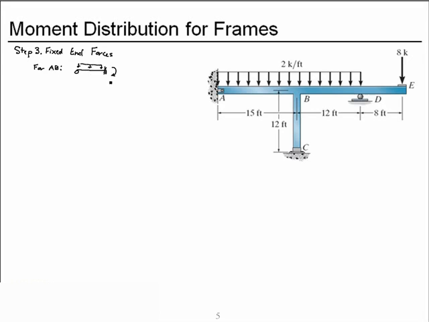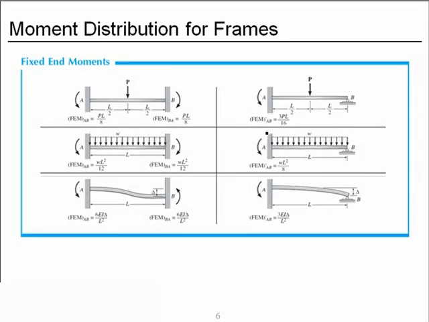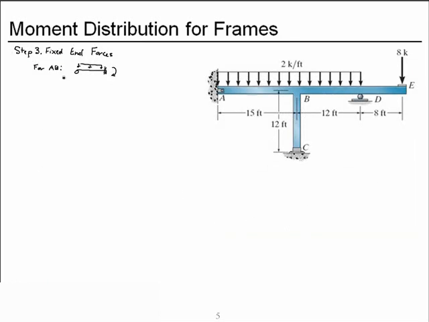Draw the moment clockwise. We find this situation inside the back cover of our text, and it looks like this, where the moment is omega L squared over 8, and it is down at the back end.